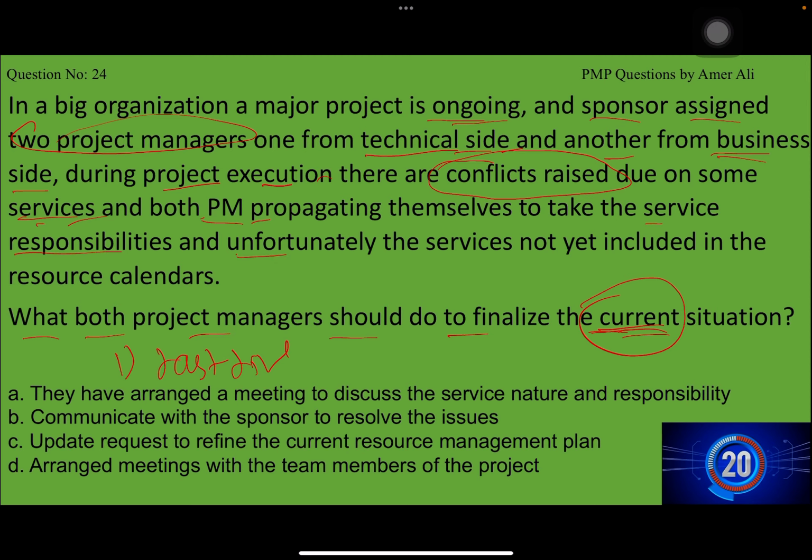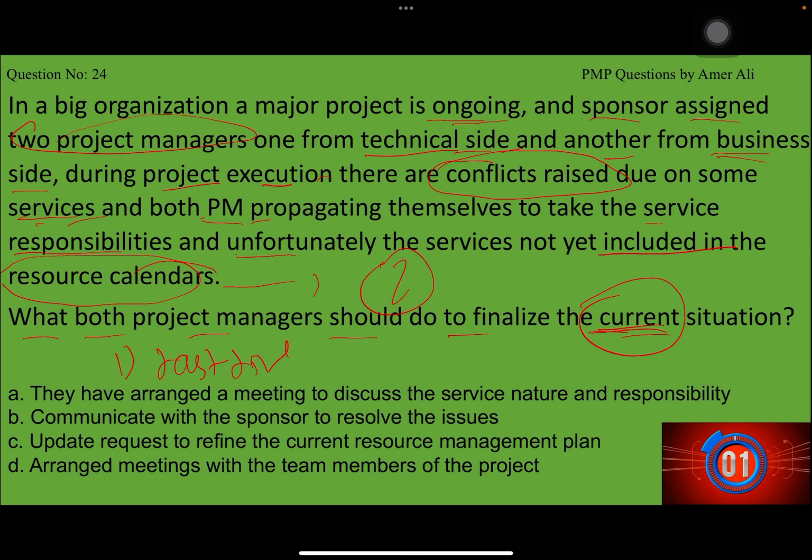Unfortunately, the service is not yet included in the resource calendar. What is a resource calendar? It is the time availability of when those resources will be available. So we need to look into that, and it is not available here. So what should we do?